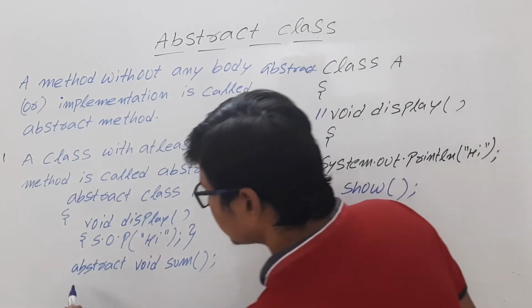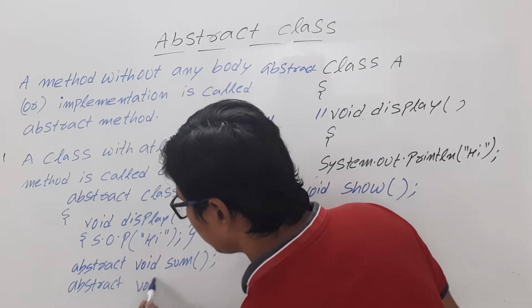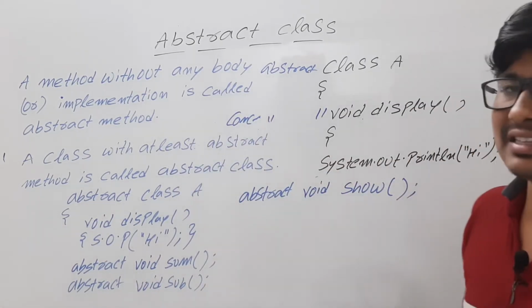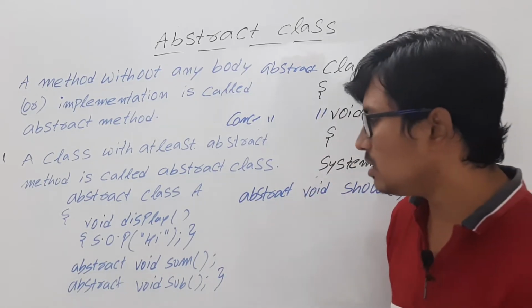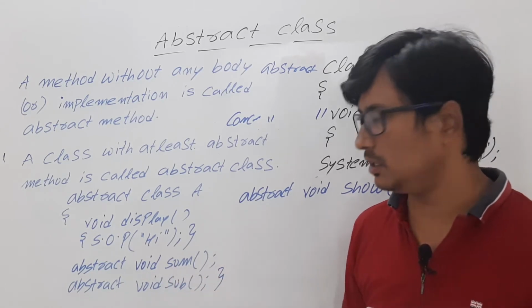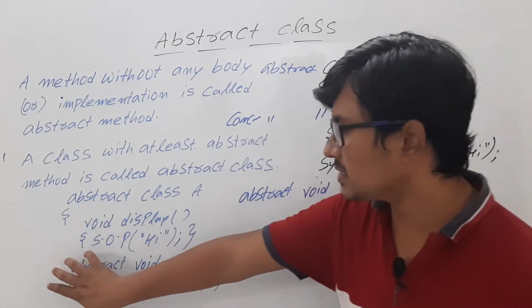And similarly another abstract method called sub. So these two methods I will call abstract methods. Why? Because you do not have any implementation for the methods sum and sub, and you are using the keyword abstract.